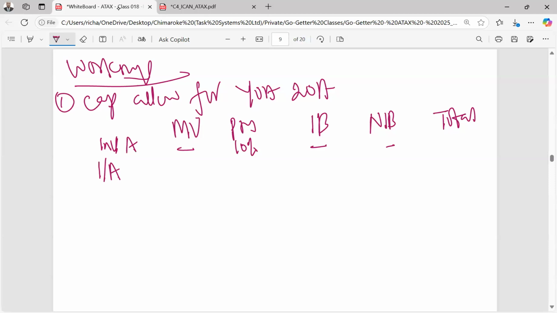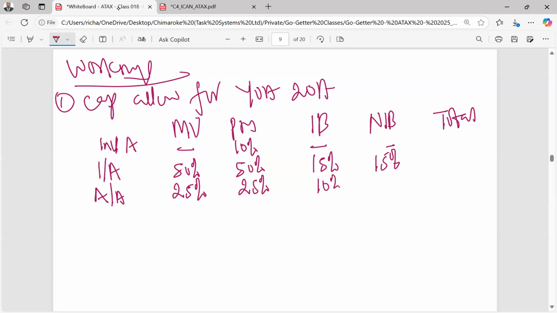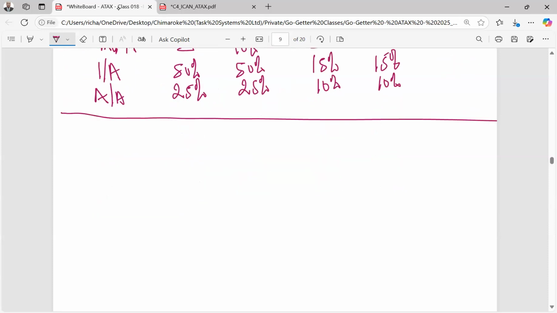Initial allowance rate, motor vehicle is 50%. This is also 50%. Industrial building is 15%. This is 15%. Annual allowance, this is going to be 25%. This is 25%. This is 10%. This is 10%. Now that we've got the rates on the way, we'll start.